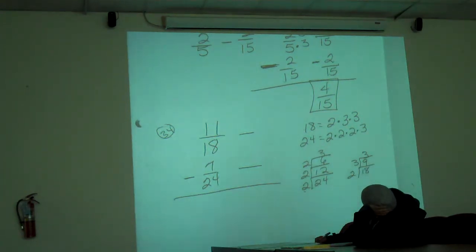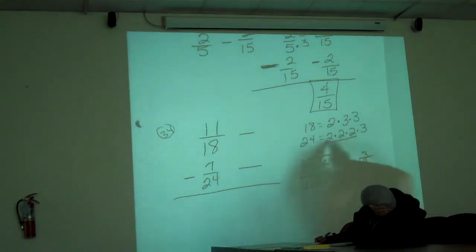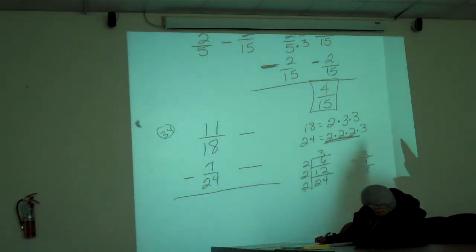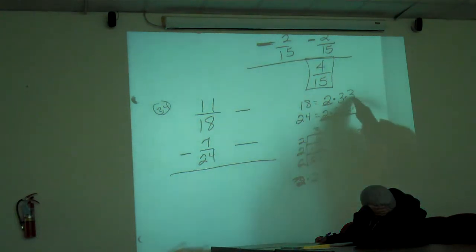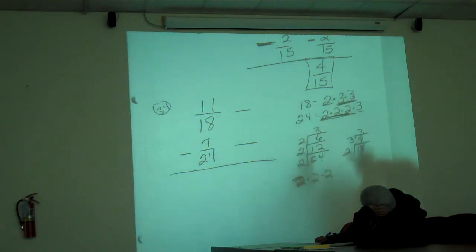Okay. What you want to do is make sure you have enough 2's for this to divide into it. You have 1 here and 3 here. Common denominator is going to have 3 of them. I'm sorry, that's a 2. 1, 2, 3 2's. And to make sure this will go into it, you need to make sure you have 2 3's. You put the biggest amount of every factor.